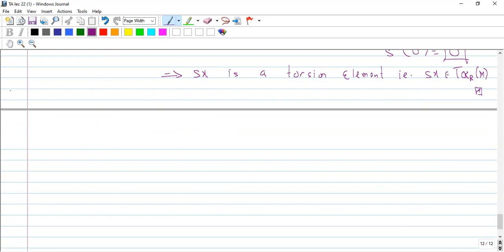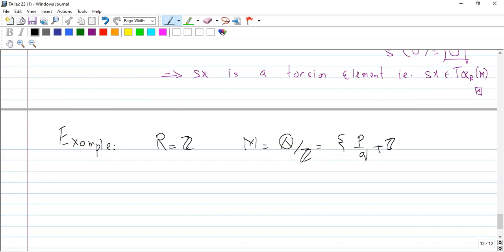Let us look at one more example that was given, perhaps an interesting example. Let's say R is equal to Z and M is equal to Q over Z. That is, the elements of M are in the form p over q plus Z, where p over q is a rational number.